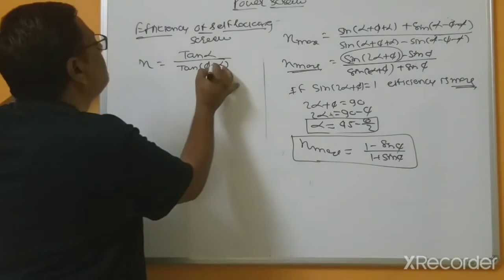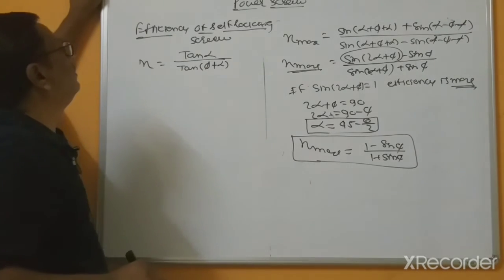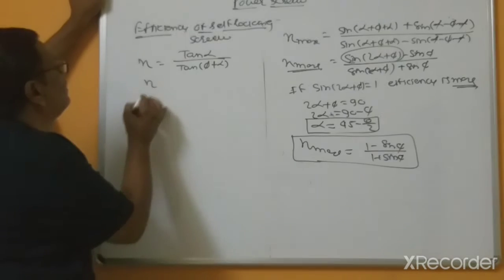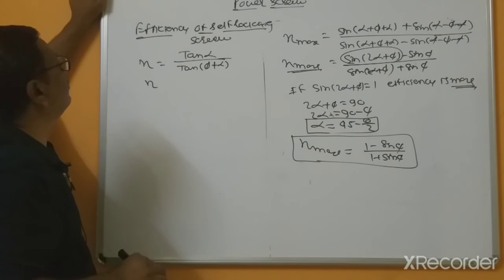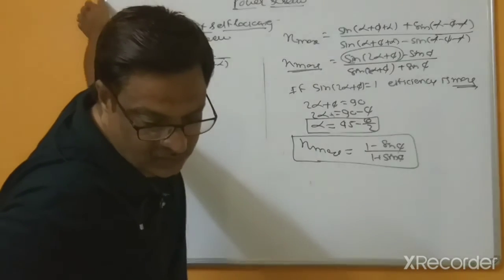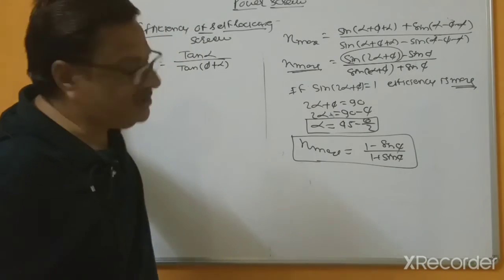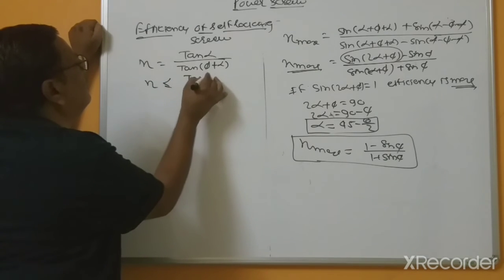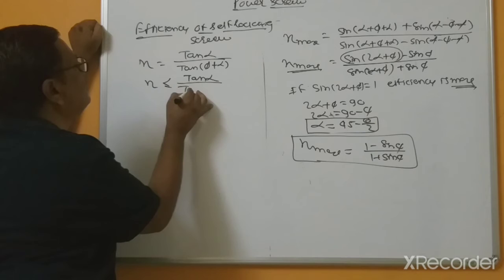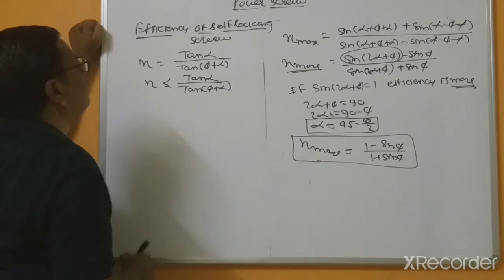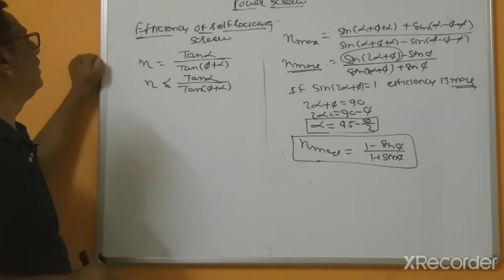Sorry, this is plus. And when this efficiency is self-locking, this is equal to or less than tan alpha upon tan phi plus alpha.